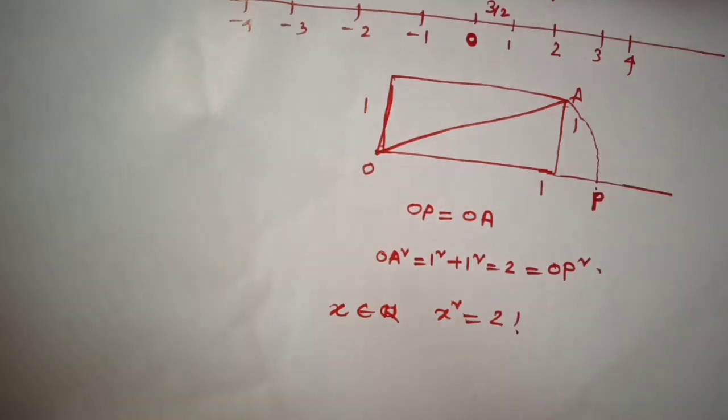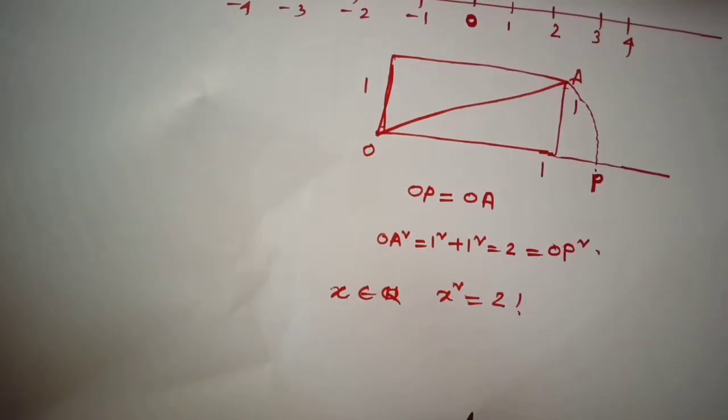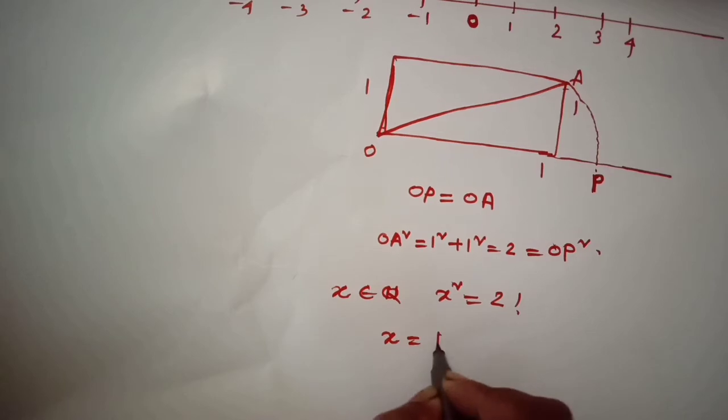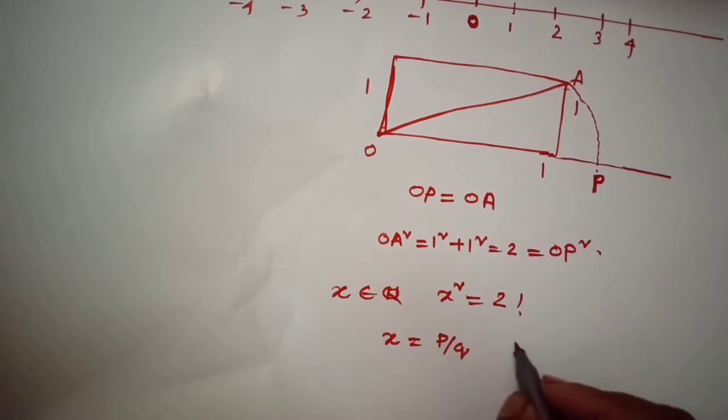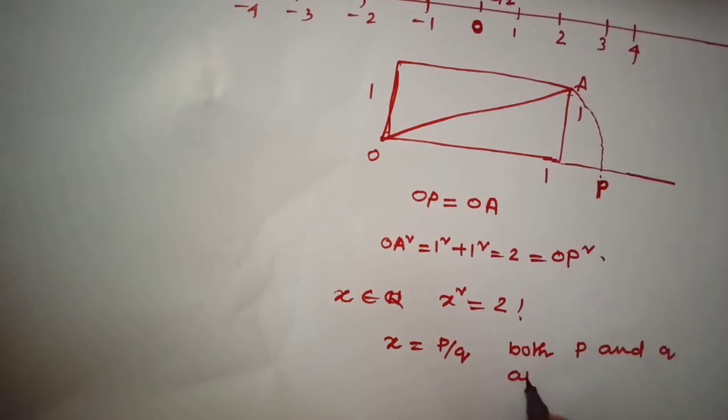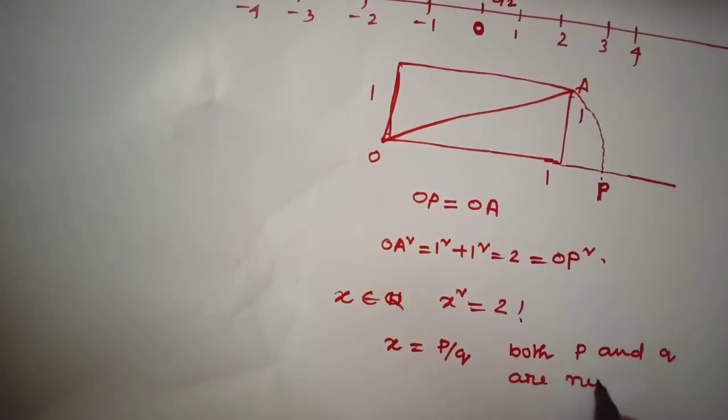This is not possible. Let's prove it by contradiction. Assume x equals P over Q, and also assume P and Q are not both even.